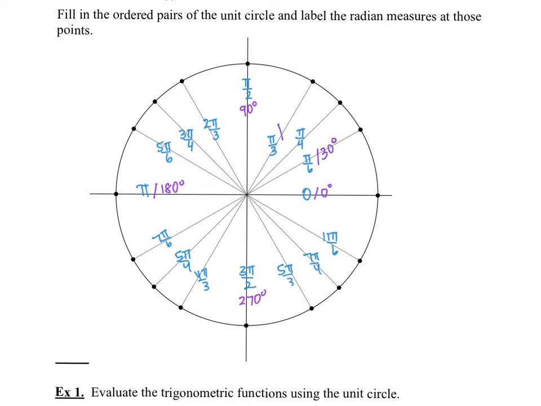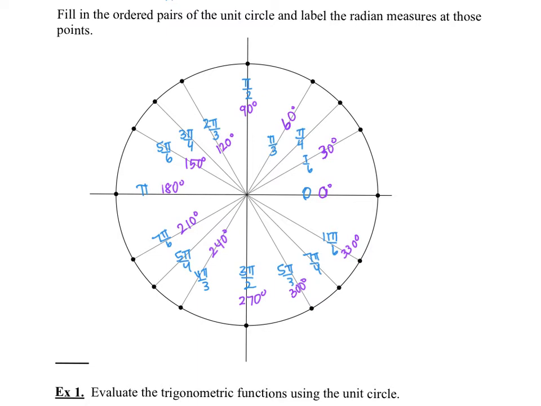30 plus 30, now we're at 60 degrees, 90 degrees, 120 degrees, 150 degrees, 180 degrees, 210, 240, 270 already labeled. 300 degrees, 330 degrees. And if I kept going, I would get back to 360 degrees. Okay, what am I missing? I'm missing pi over 4.